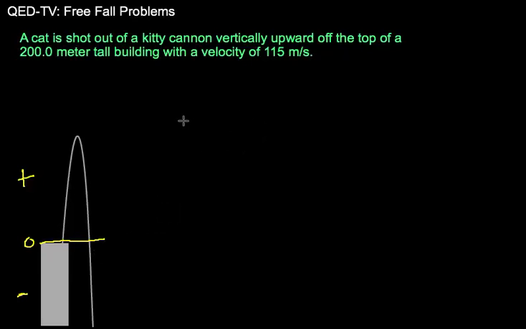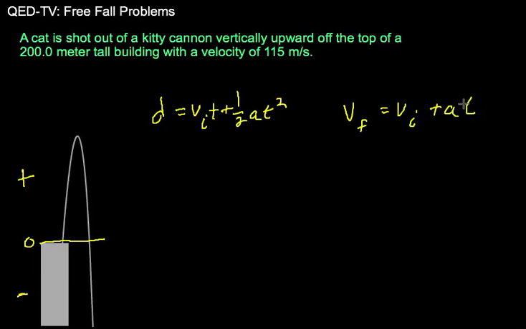And there's 2 equations that we have for time. We're trying to figure out our time. So we have d equals VIT plus 1/2 AT squared. And the other one we have is VF equals VI plus AT, the car commercial equation. So if we look at these, which one should we use? Well, I want to figure out the time to go all the way up to here and all the way back down.